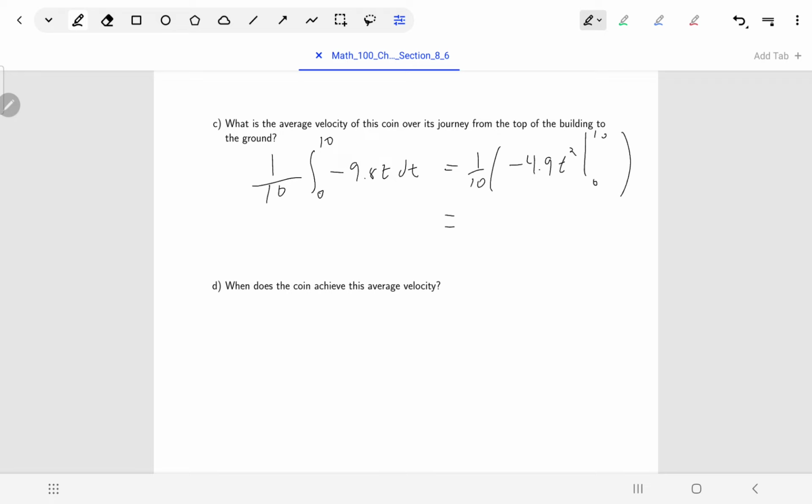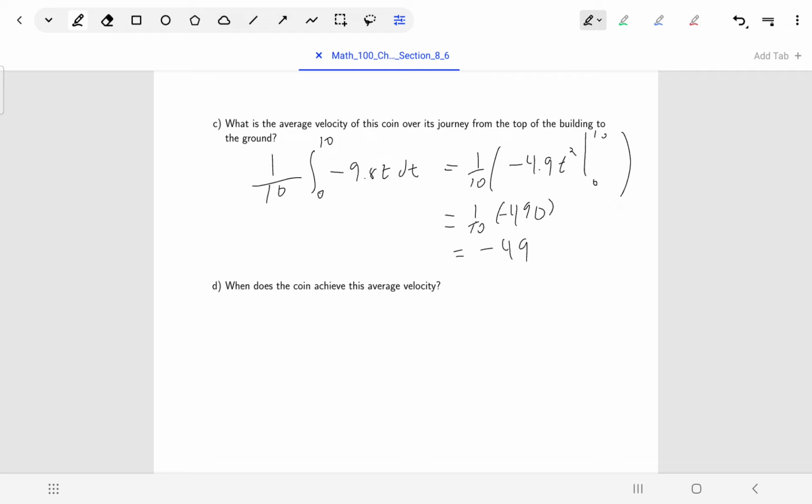So when I evaluate that at 10, I'll have negative 490, and when I evaluate it at 0, I have 0, so I have 1/10 times negative 490, which is negative 49. So my average velocity is negative 49 meters per second, and that's meters per second traveling downward.